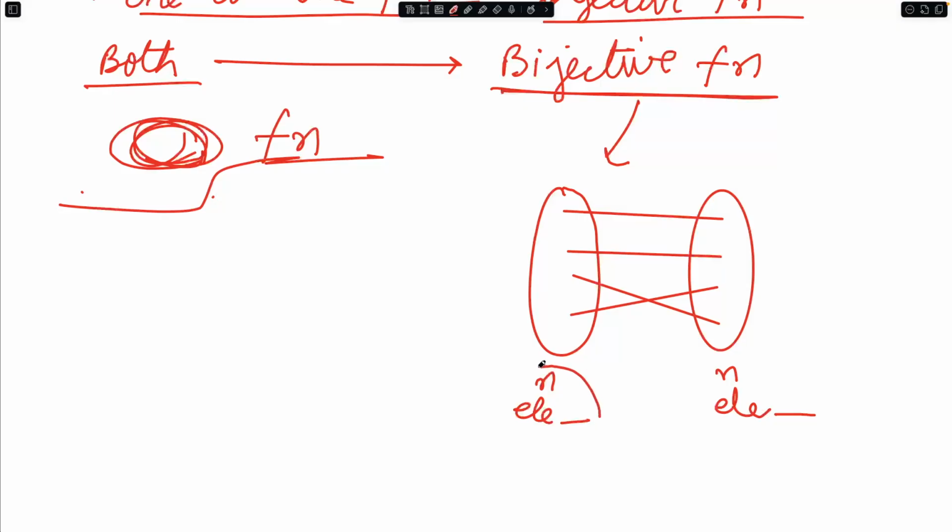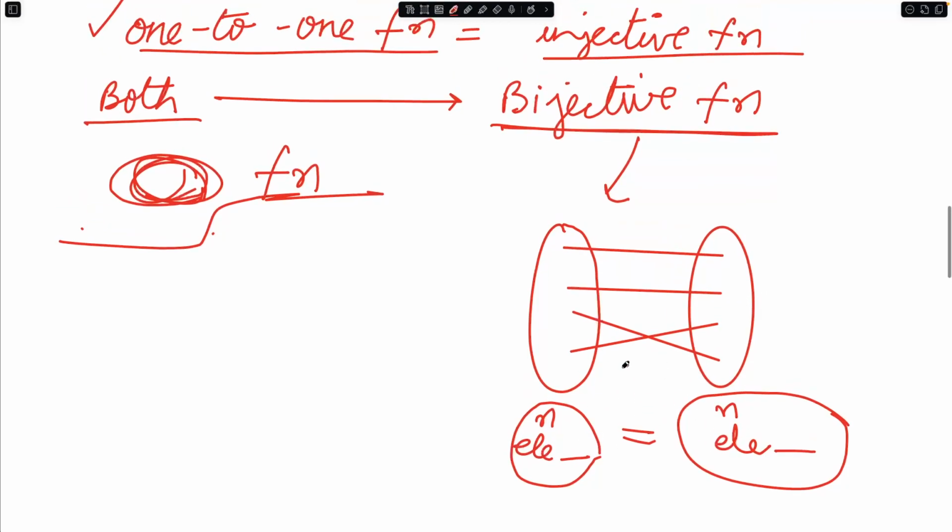The number of elements in your domain would equal the number of elements in your codomain, because not a single element of your domain is left out, not a single element of your codomain is left out, and the mapping is one-to-one. Hence the number of elements have to be the same. That is a basic level thing that I wanted you to know.